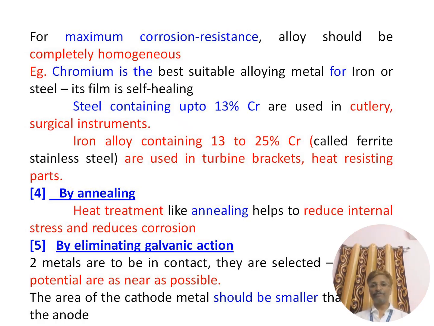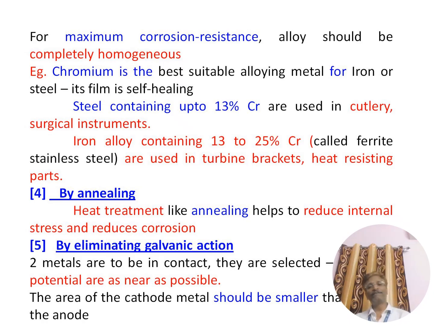So with 13% of chromium as an alloying material in combination with iron, the rate of corrosion will be very, very less and reduced a lot. In another case, 13 to 25% of chromium, called ferritic stainless steel, is used in turbine brackets and heat resisting parts. So corrosion will be reduced a lot with such kind of alloying.